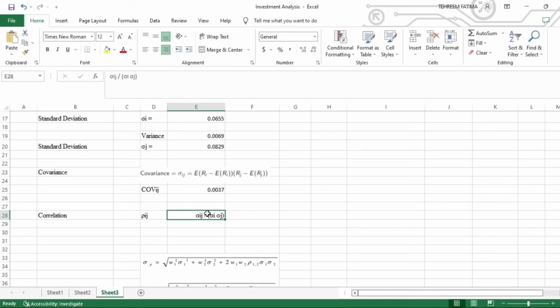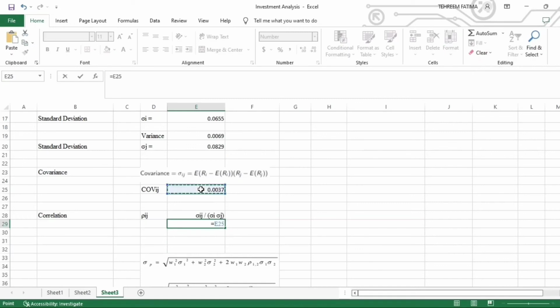Now for the calculation of correlation, this is the formula: equals the covariance divided by the standard deviation of Kayleigh Electric and Madison Software Corporation. So equals, we have computed the covariance so far, divided by the standard deviation of Madison Software multiplied by the standard deviation of Kayleigh Electric.